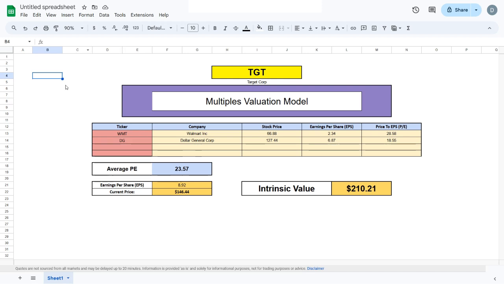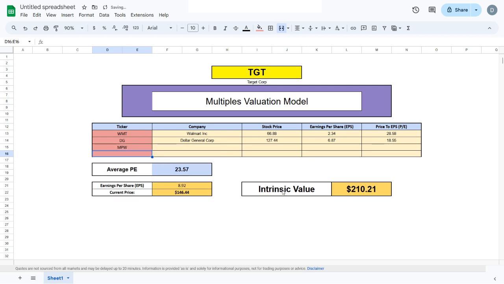Now let's jump back to our multiples valuation, and as you can see, I am comparing Target to Walmart and Dollar General. Now another very important rule you have to follow is that when one of the competitors has negative earnings per share, you cannot use them. So let me plug in MPW for example and watch what happens with the intrinsic price. When we press enter, the intrinsic value goes down.